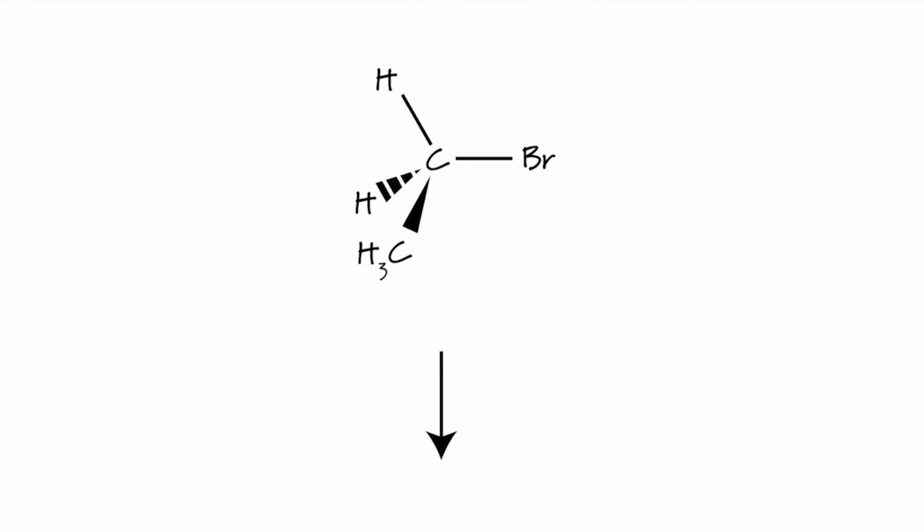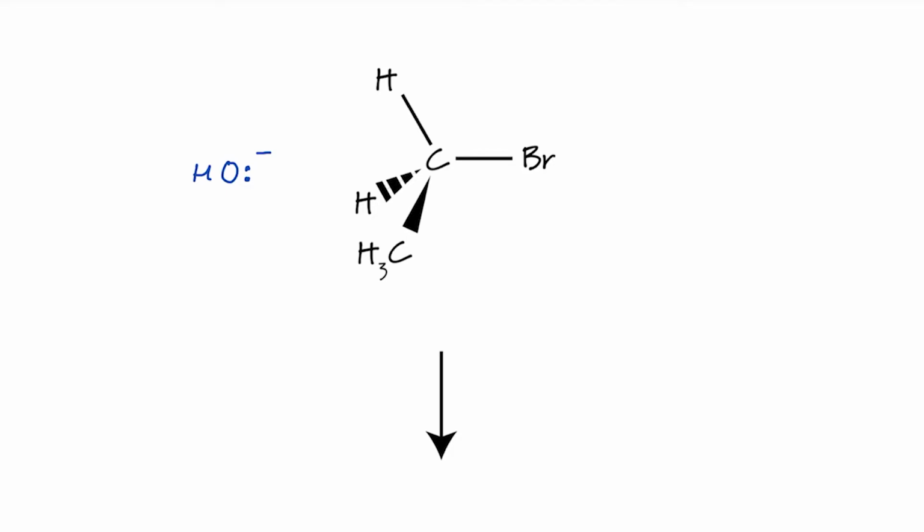Let's look at this mechanism of nucleophilic substitution in a little bit more detail. I've pre-drawn out my bromoethane in 3D, primarily because I can't draw in 3D for the life of me. So here goes. My nucleophile, well, in this case, I have chosen it to be the hydroxide ion, so I'm drawing it OH. I am going to draw in the lone pair of electrons and the negative charge. I only need to draw in one lone pair, the lone pair that's going to make a bond with the carbon.